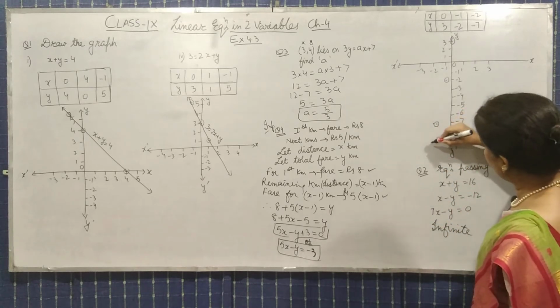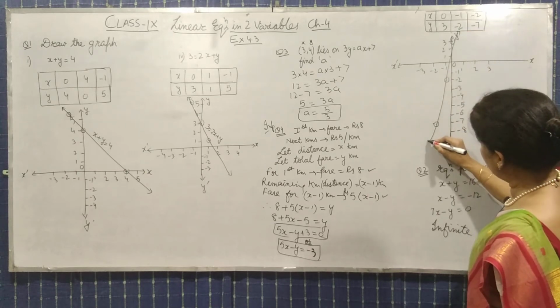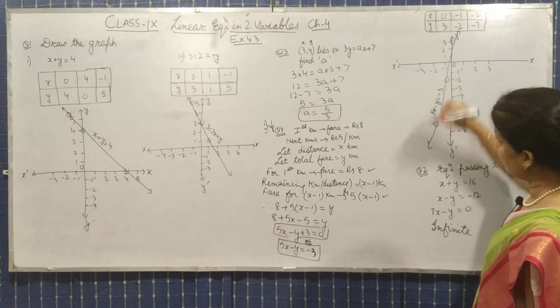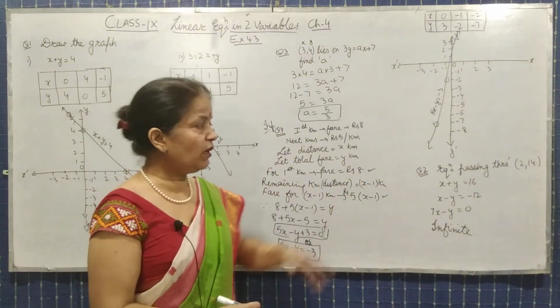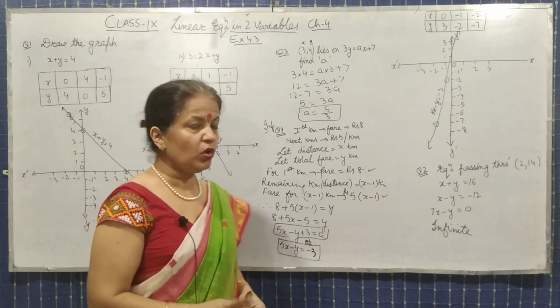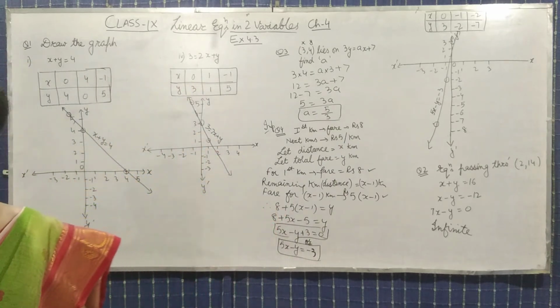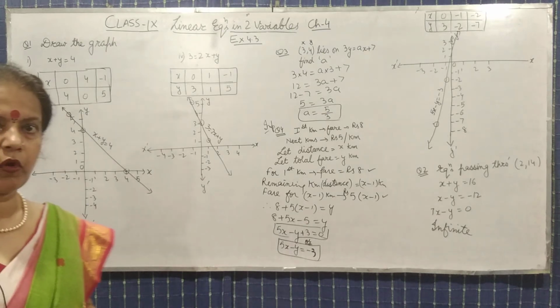Join them like this, and don't forget to write the linear equation here: 5x minus y equals minus 3. So this is the linear equation. Is it clear? The graph concept is very important from your exams point of view.